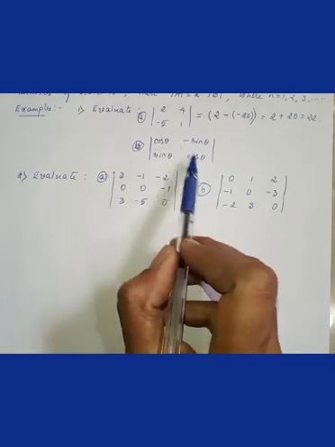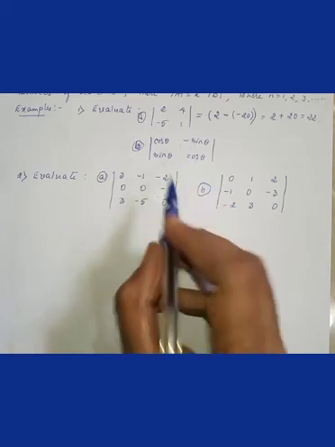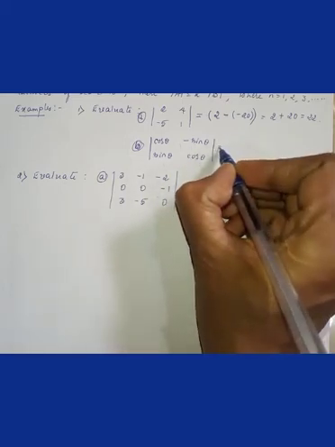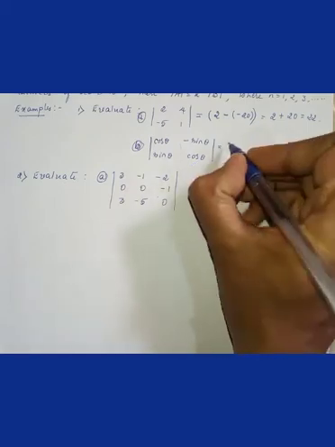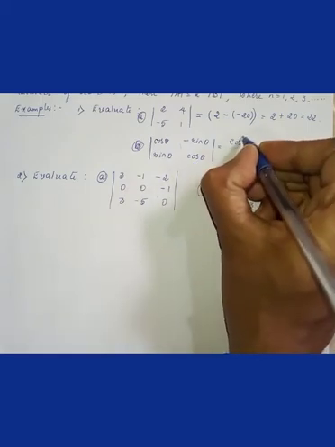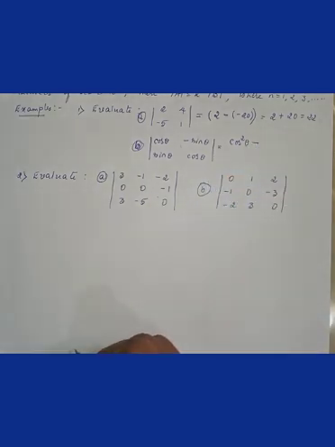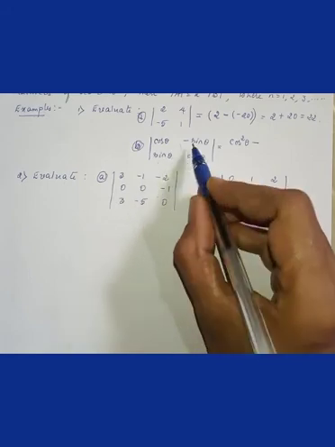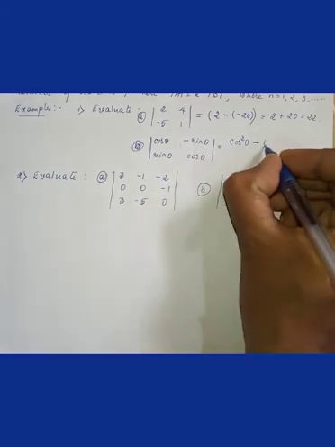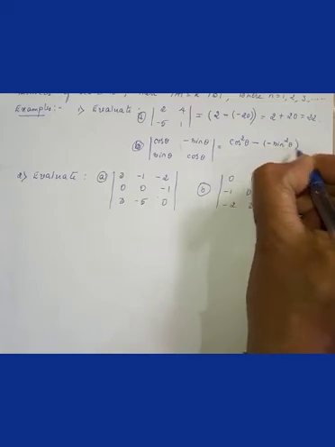First multiply the diagonal entries. Again this is an evaluation of a 2 by 2 determinant. So cos theta into cos theta is cos square theta, minus, multiply the non-diagonal entries: sin theta into minus sin theta, that is minus sin square theta.